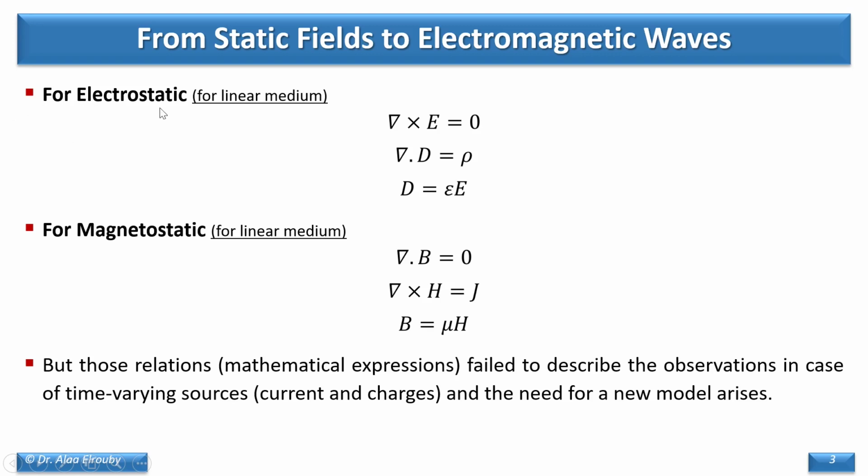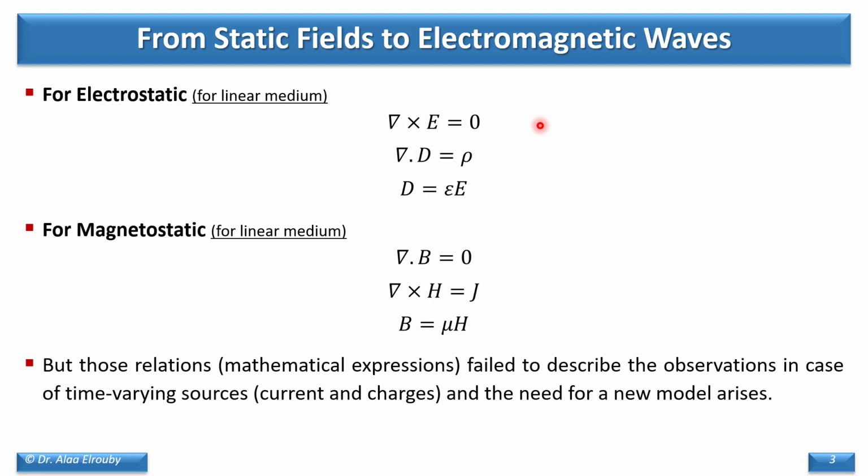For electrostatic, we have curl of E equals 0, divergence of D equals rho. For a linear medium, we have D equals epsilon E. And just a quick reminder about the meaning of curl of E equals 0.